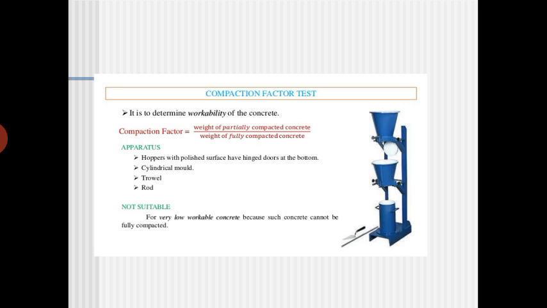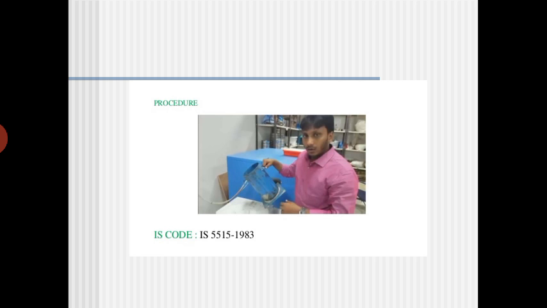Otherwise, if you are adding more water, the compaction will not happen, and you won't get the correct compaction factor. And most of the time the compaction factor should not be equal to 1. For this we can use the IS code 5515, 1983 version.